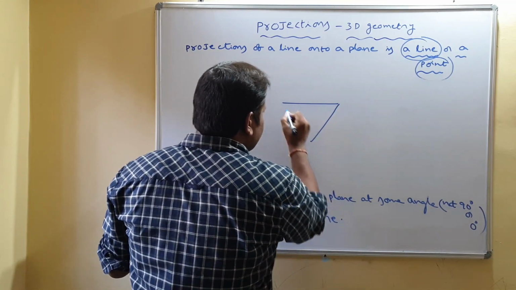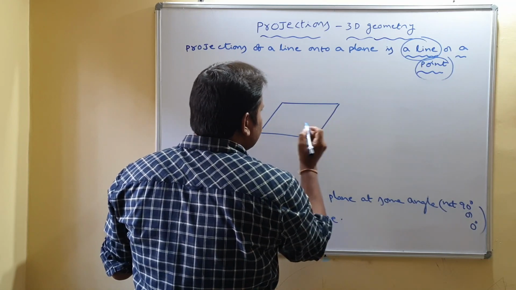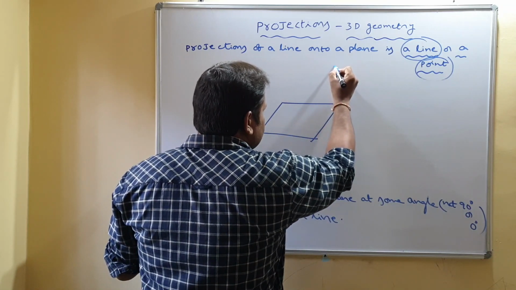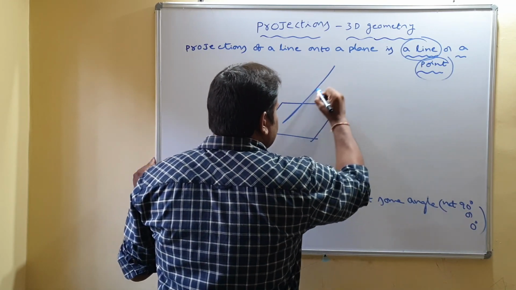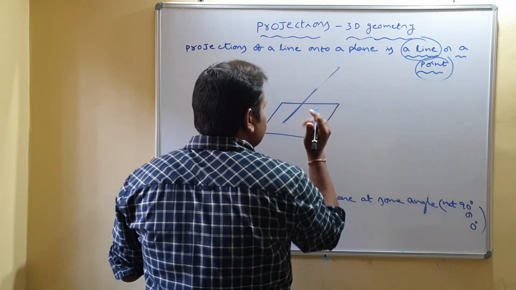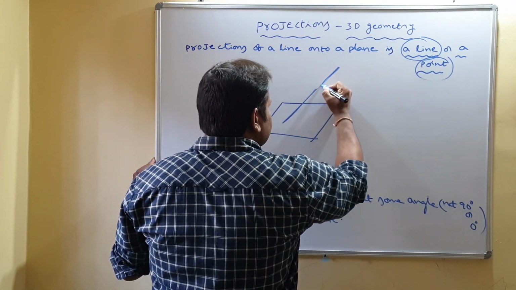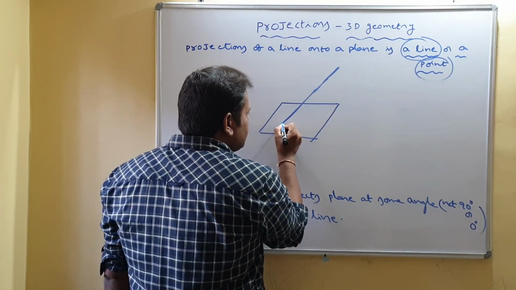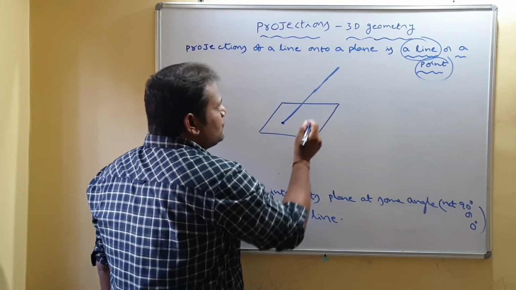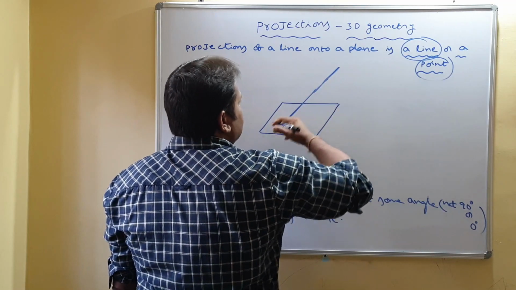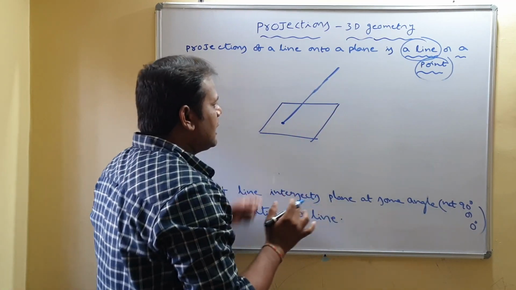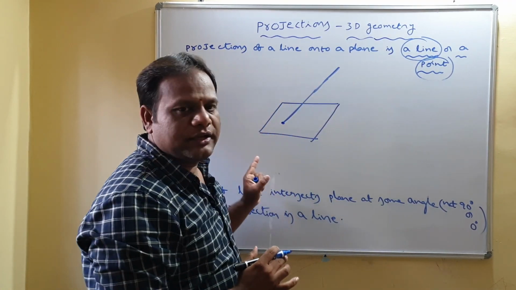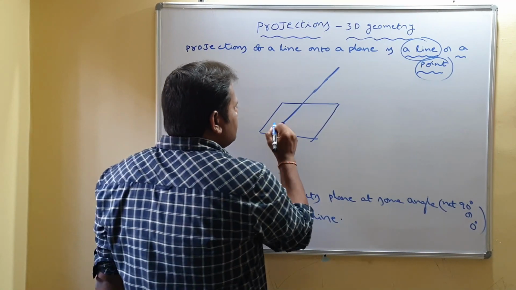suppose this is the given plane and this is the given line. Okay. See here, we have to find the projection of this line onto the given plane. So what we do?